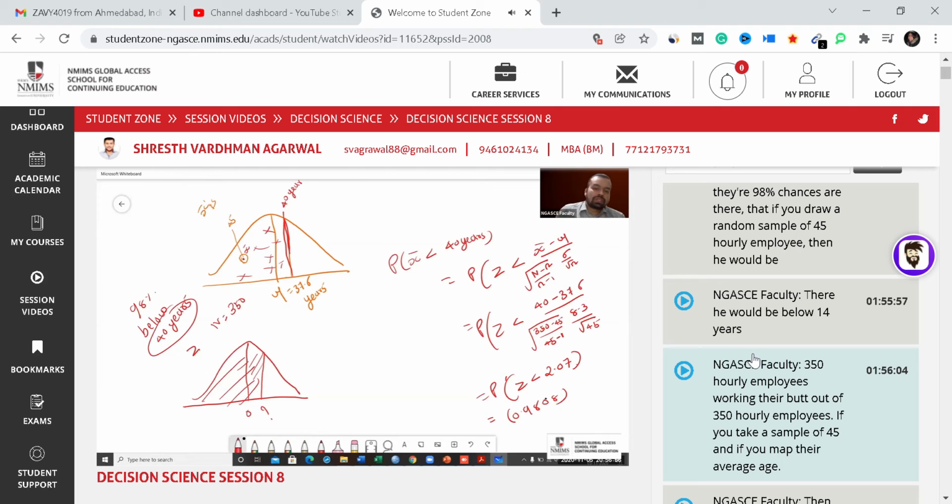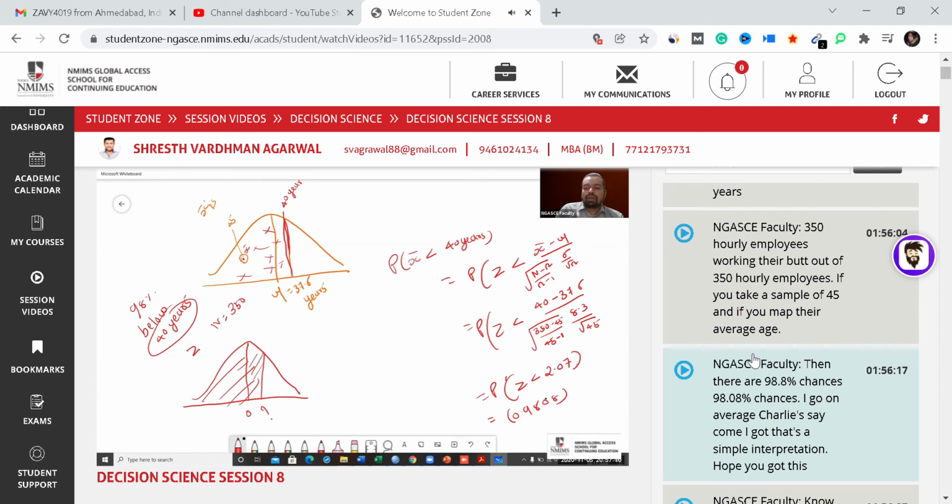There are 350 hourly employees working there, but if you take a sample of 45 and map their average age, then there are 98.08% chances that their average will come below 40 years. That's a simple interpretation. Hope you got this.